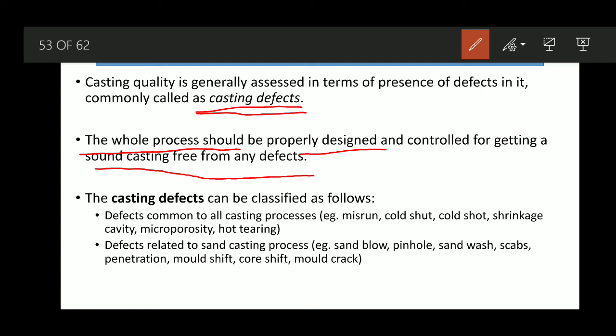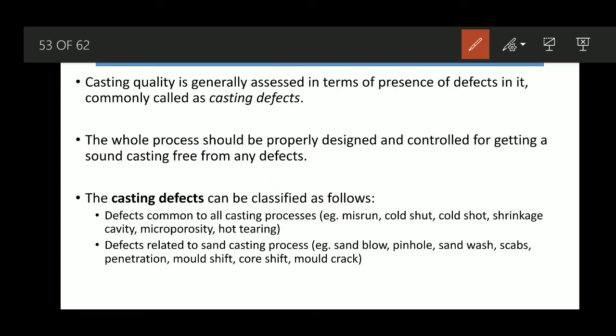Right from the initial stage, like melting of the metal, we have to ensure there is no oxidation on the molten metal, etc. We have to handle it carefully and check the fluidity of the molten metal.